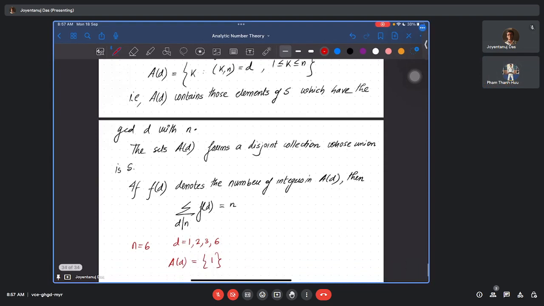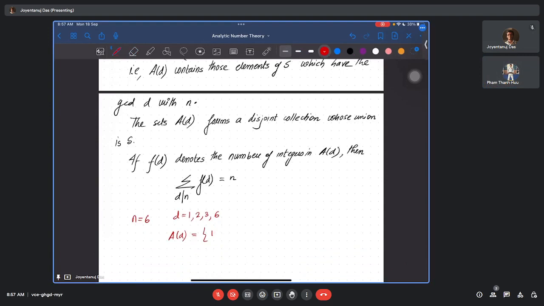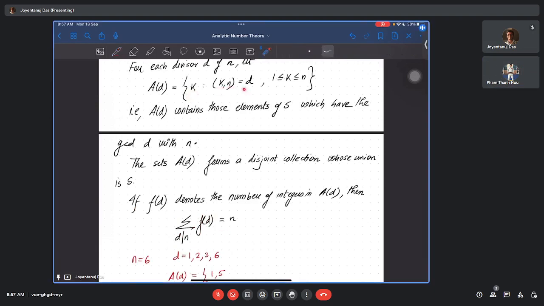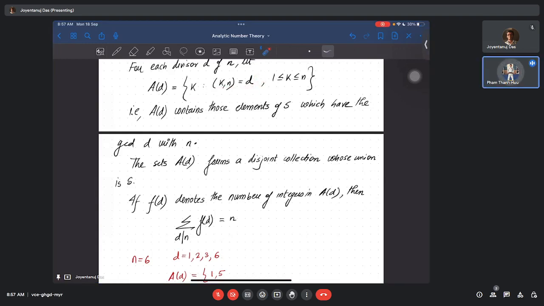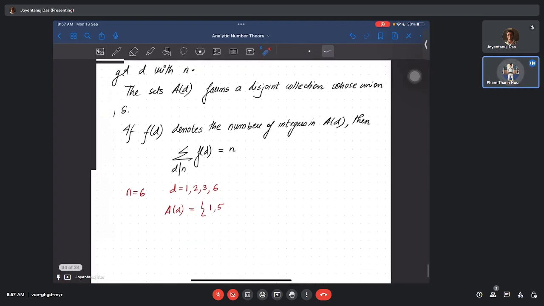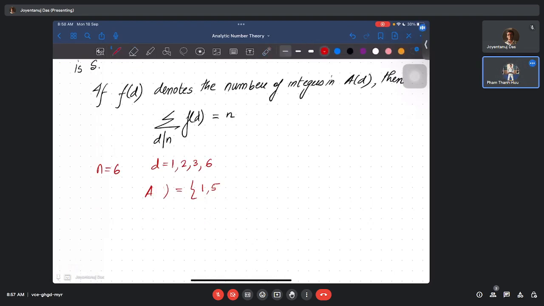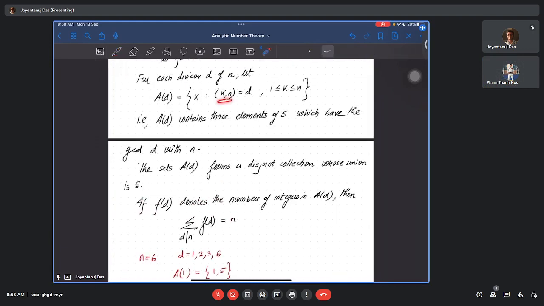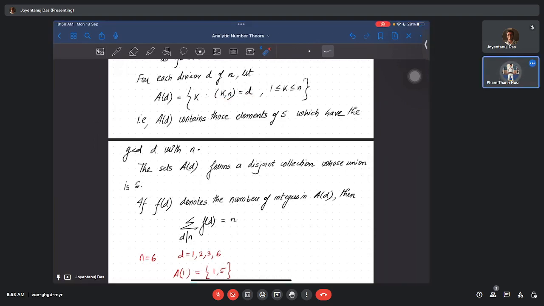So 1 will be there, and 5 will also be there, because these are all the elements such that the GCD of k and n is d, and d is 1 here. With 5, the GCD of 5 and 6 is 1.